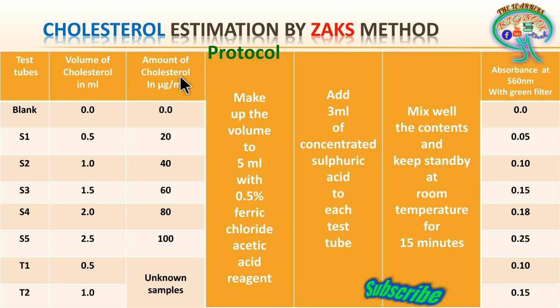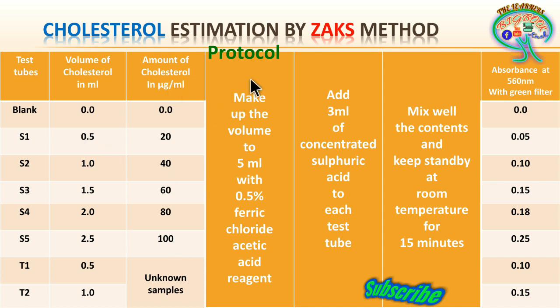In the third column we mention the amount of cholesterol we have taken in the standard solution, that is 0.5 at the first S1 test tube, it will be 20, 40, 60, 80 and 100.